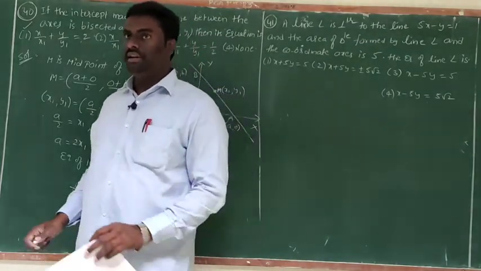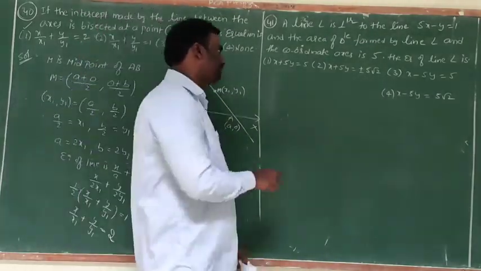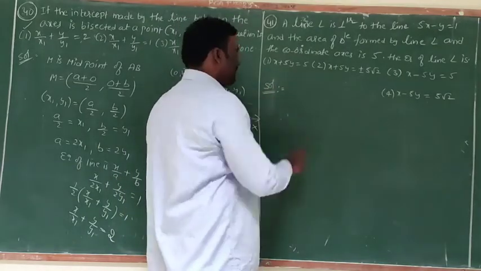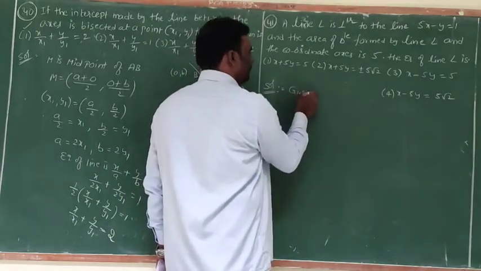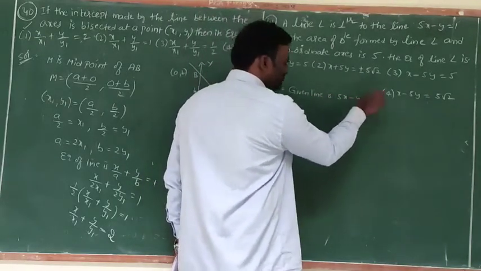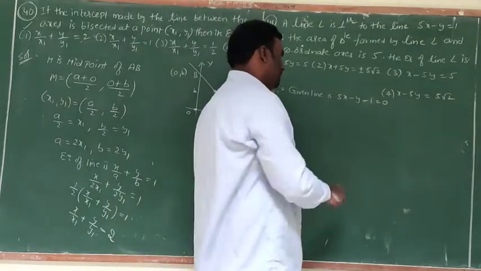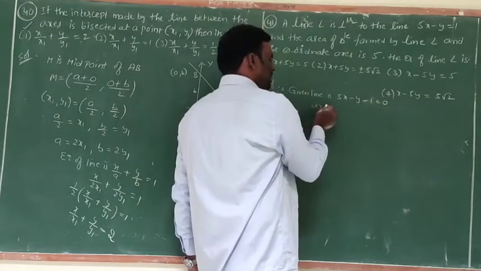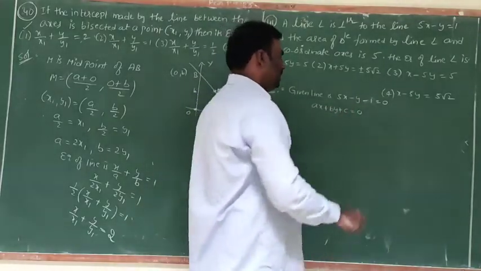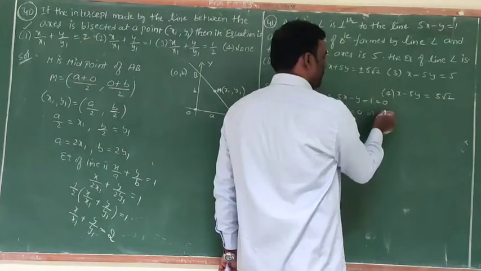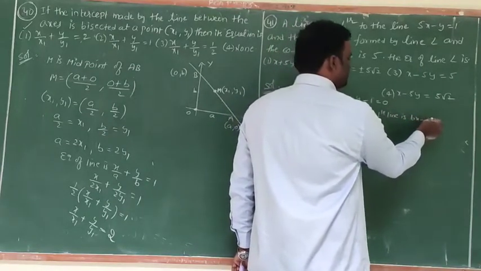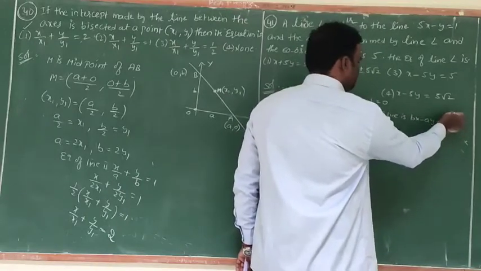Okay. Now listen how to simplify this. Solution. First, given line is 5x minus y equals 1. If the line is ax plus by plus c equals 0, then the perpendicular line is in the form of bx minus ay plus some k equals 0.